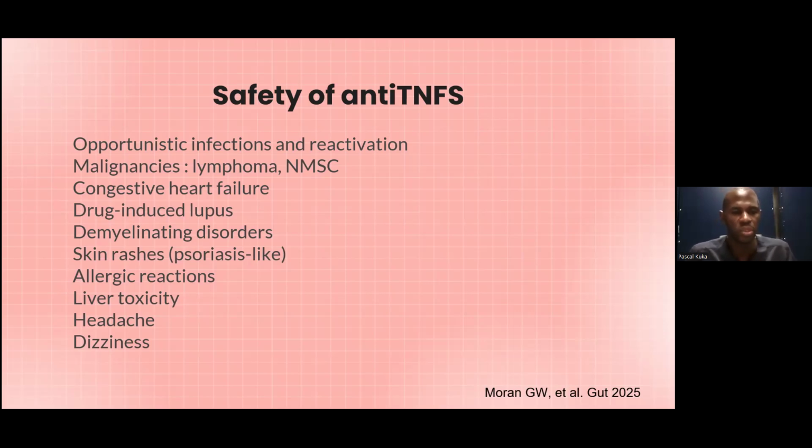We always need to make sure that the patient doesn't have any features of heart failure prior to initiation of anti-TNFs. And then also, anti-TNFs can precipitate demyelinating conditions like multiple sclerosis or optic neuritis. The other complications, including liver toxicity, can be considered as mild complications.